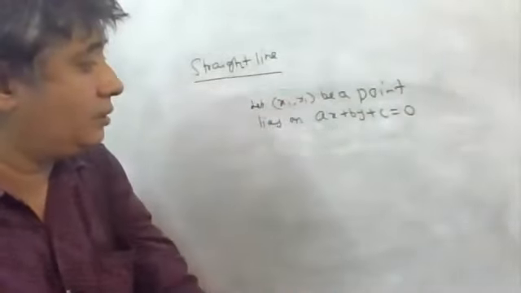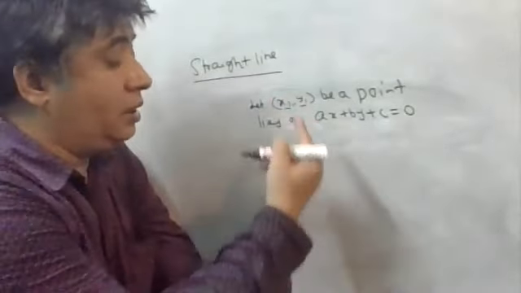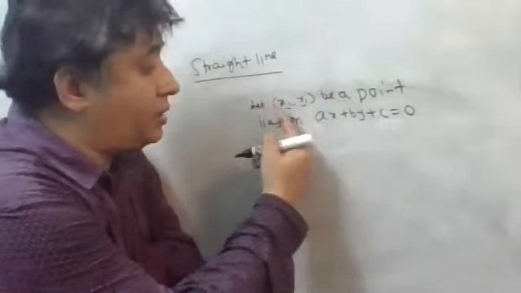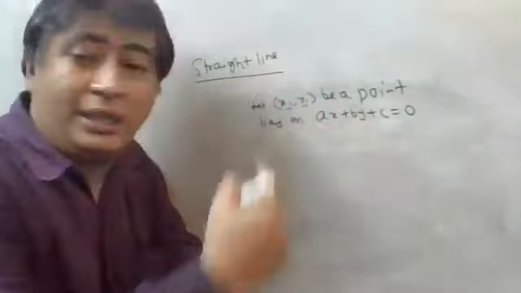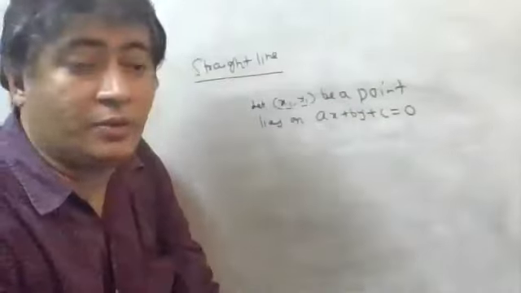What does it mean? It means that when this line passes through this point, then x1, y1 will satisfy the equation.